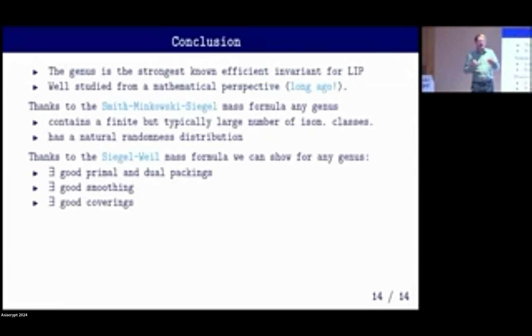And thanks to the Siegel-Weil mass formula, we can show that in any genus there exists a good lattice packing, both in the primal and dual. There exist lattices with a good smoothing parameter, there exist lattices with a good covering radius. And in fact, you can even argue that there exists a lattice that attains all these properties at the same time.